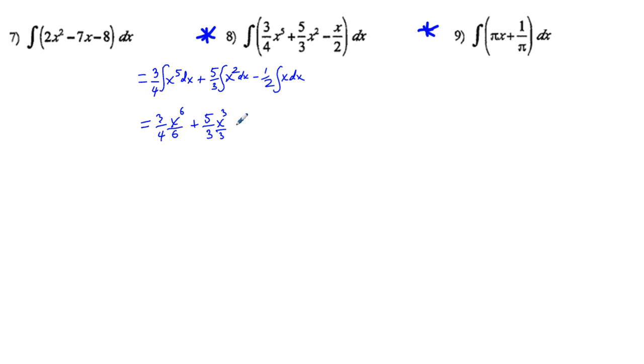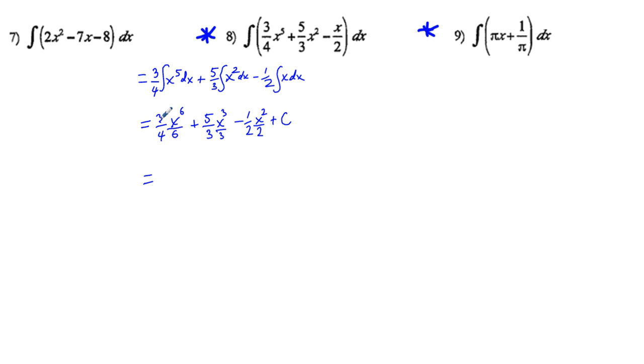And then we have minus 1/2, we're going to have x squared, and we divide by the power that we raised to, which is 2. And then we have, finally, the constant of integration c. Now we're going to simplify all this and get a better looking answer, we hope.